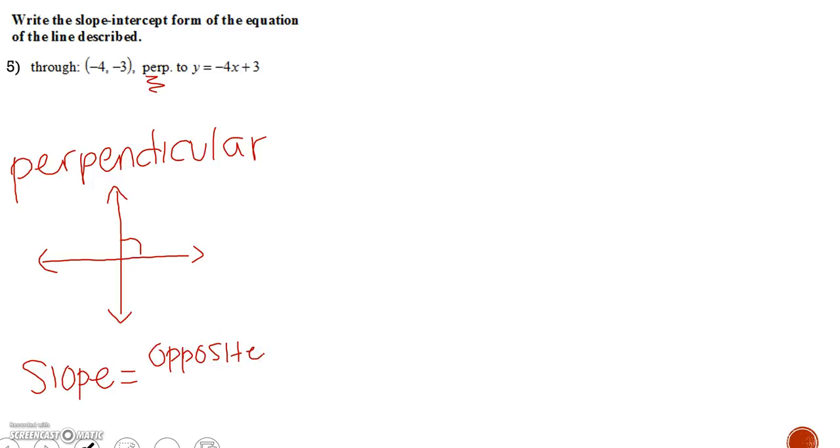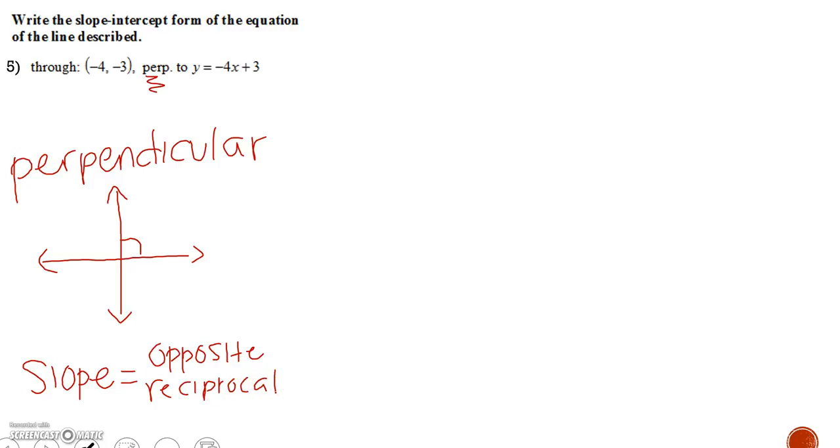So if a slope is negative, then the perpendicular line would have a positive, and vice versa. And then they also have to be reciprocal of each other.